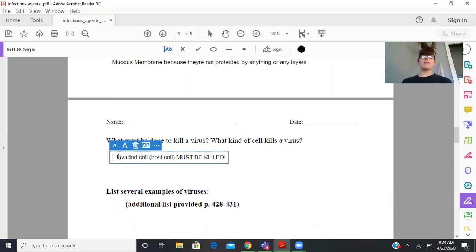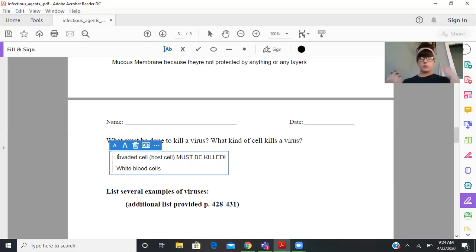Because let's say that the virus kept replicating and replicating and replicating. It's going to keep replicating until the host cell or the invaded cell is killed, and it doesn't have the means to keep reproducing. There's actually something inside of us called white blood cells.